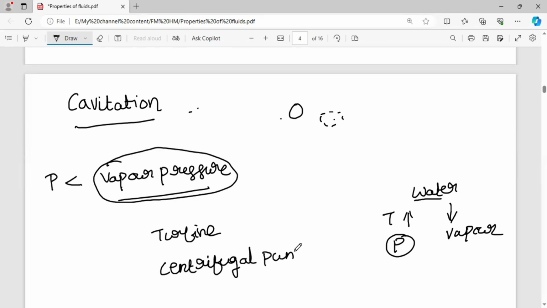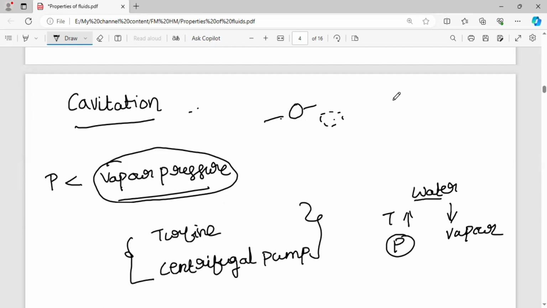It is a disadvantage to any hydraulic machine. That means it is a bad property for hydraulic machines, so you have to avoid the cavitation problem. Why? Because the formation and collapsing of bubbles means some forces will be developed there.